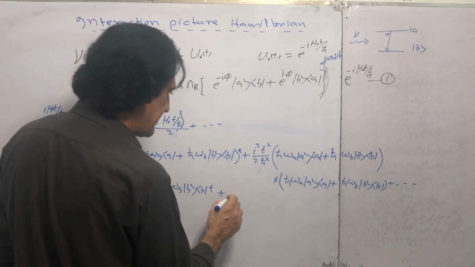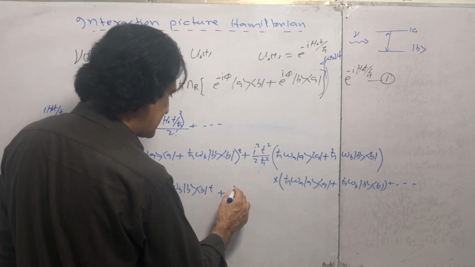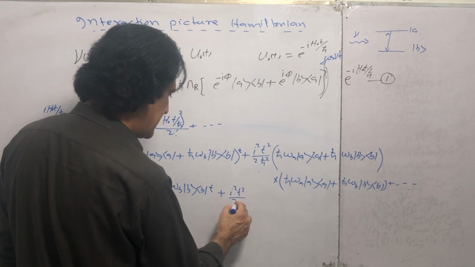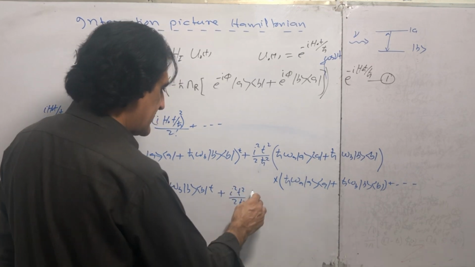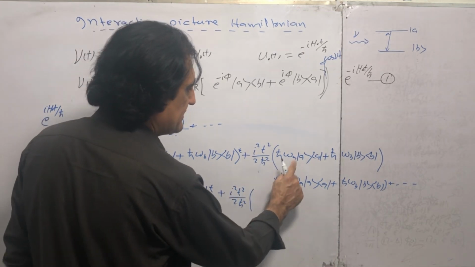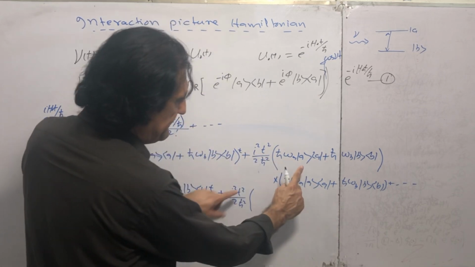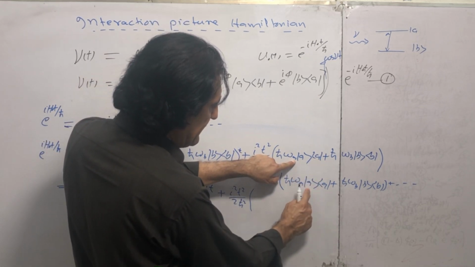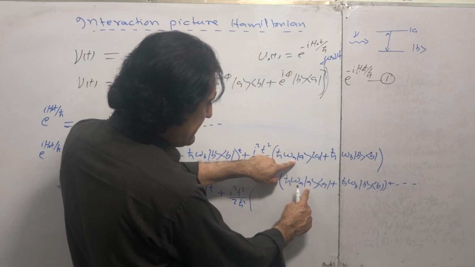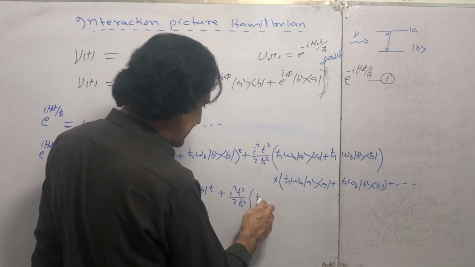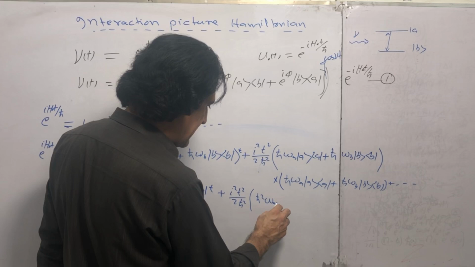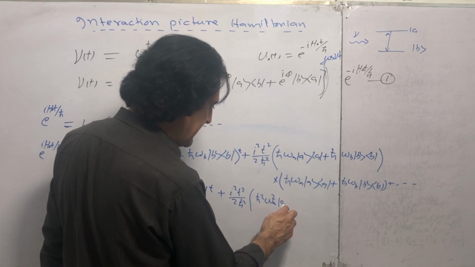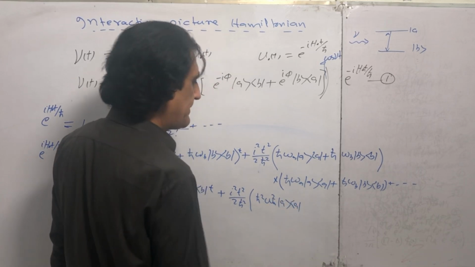Then further, i squared t squared divided by 2 h bar squared, and there is a multiplication, this multiplied with this. If this term is multiplied with this, then <a|a> will be equal to 1, and h bar squared omega_a squared, and we have |a><a|.